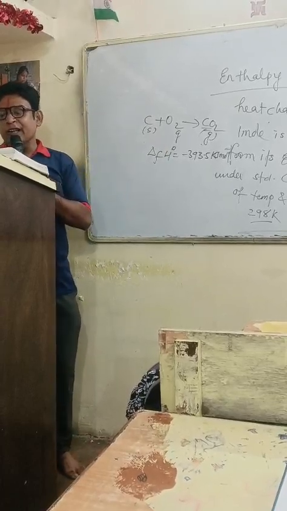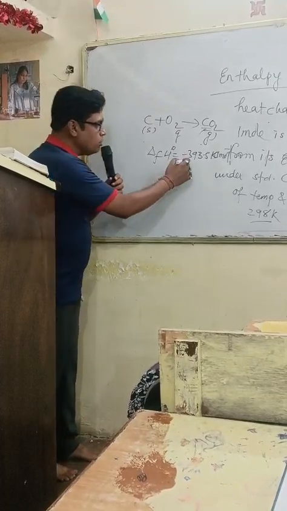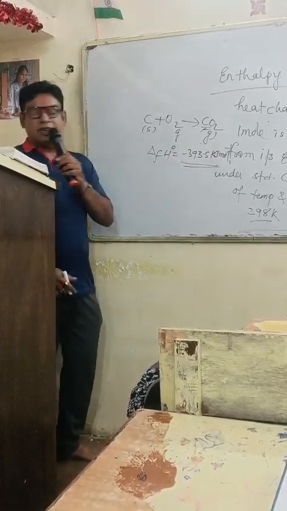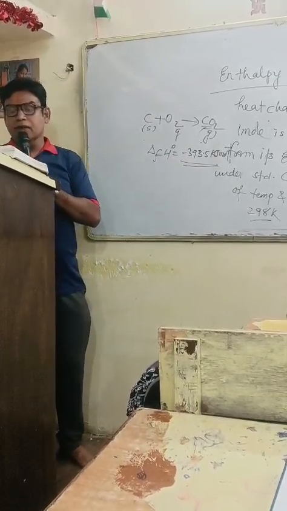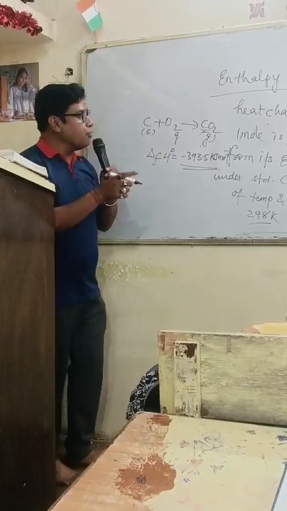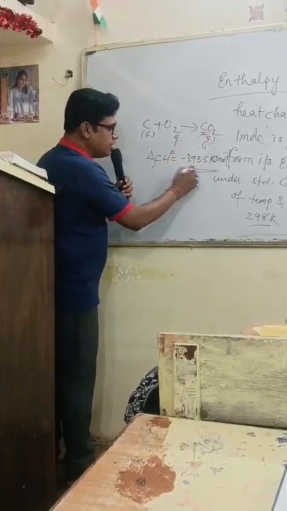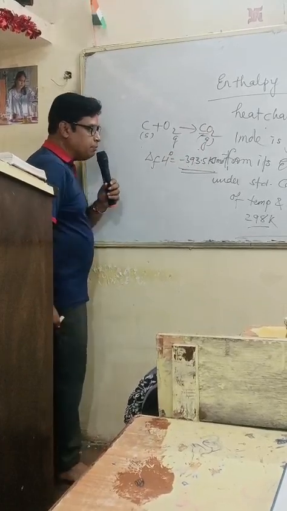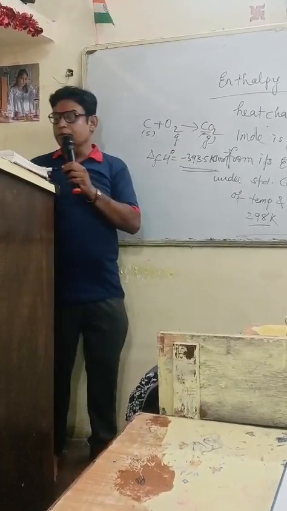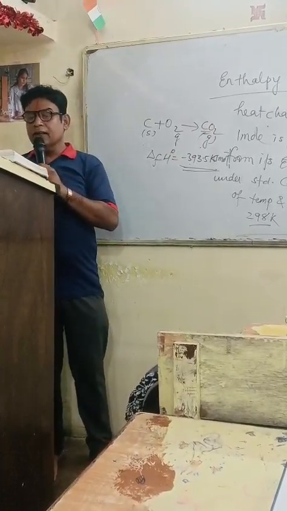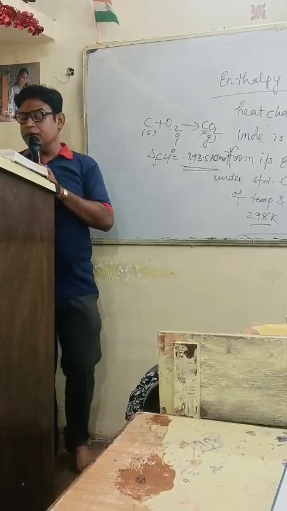This much amount of heat in its standard form is produced. So the standard enthalpy of formation of carbon dioxide is minus 393.5 kilojoule per mole.